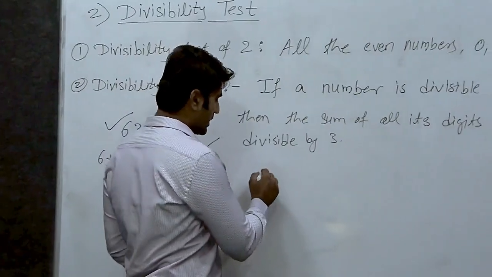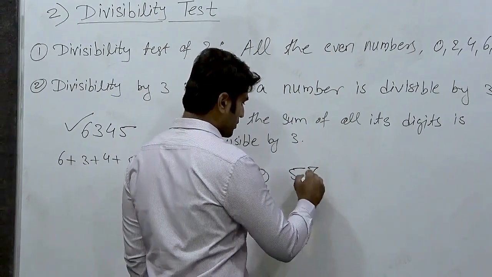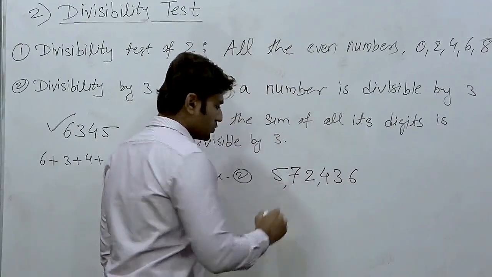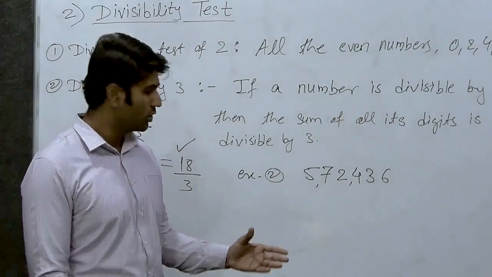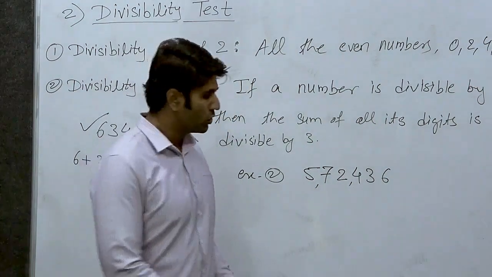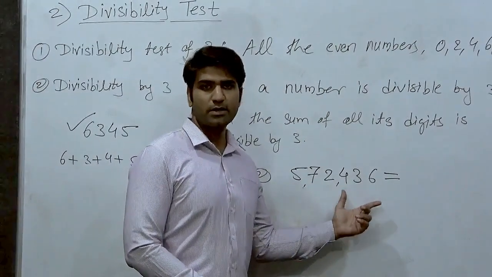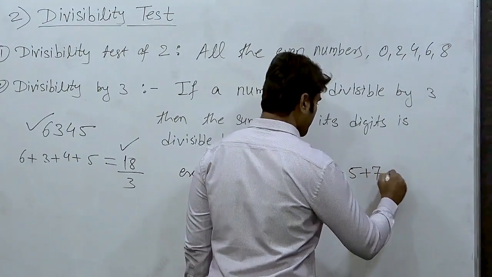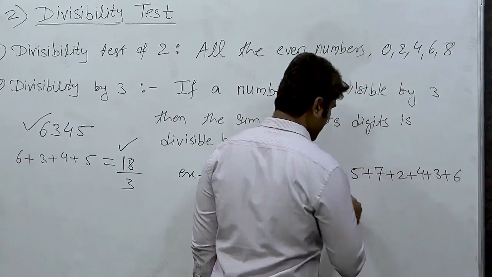One more example we can take. Example number 2: 5,72,436, quite a big number. We have to check whether the given number is divisible by 3 or not. So we do the sum of all digits, that is 5 plus 7 plus 2 plus 4 plus 3 plus 6.